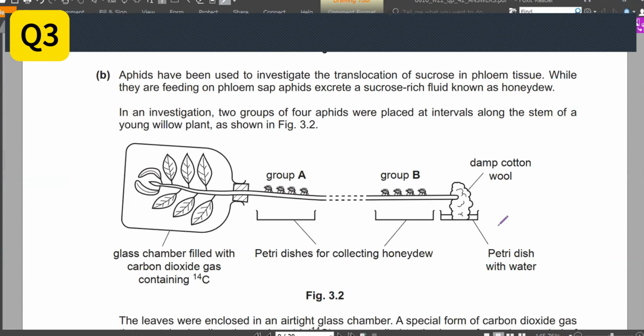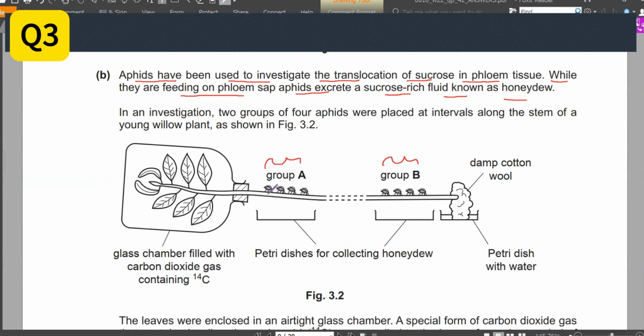Next, we have another experiment that is going on here. So what is going on? Aphids have been used to investigate the translocation of sucrose in phloem tissue. While they are feeding on phloem sap, aphids excrete a sucrose-rich fluid known as honeydew. So essentially, we have two groups of aphids here.